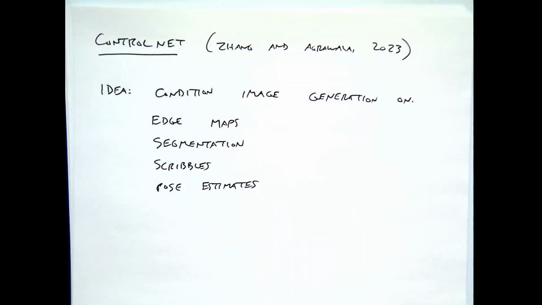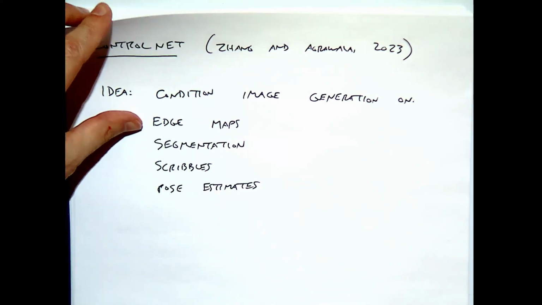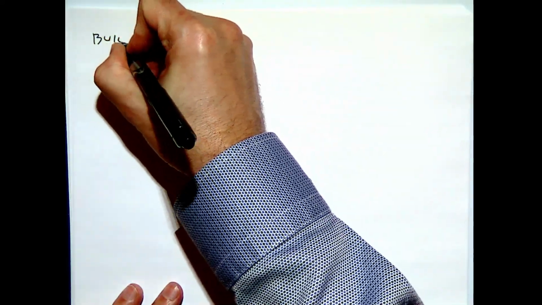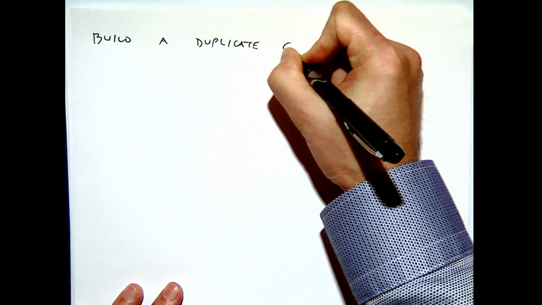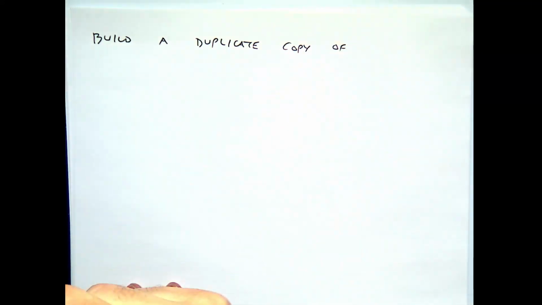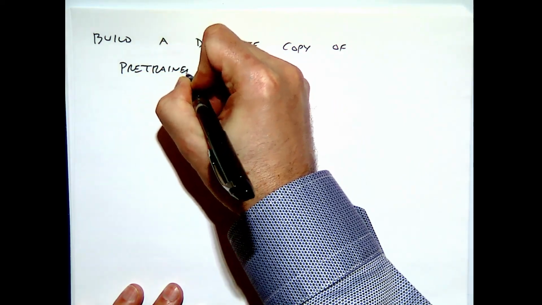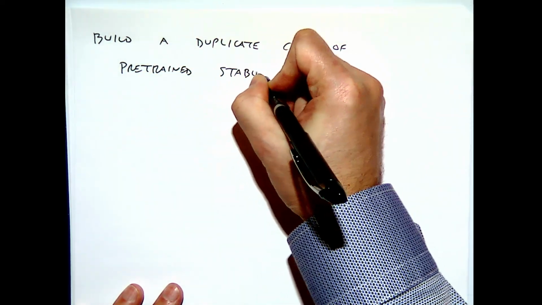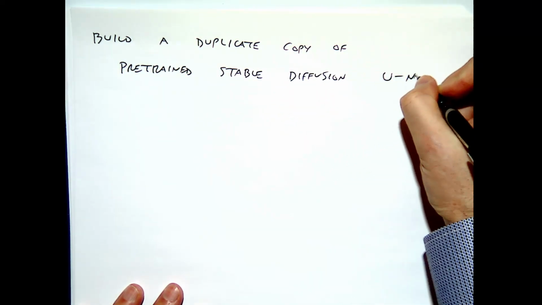So the basic idea is to build a duplicate copy of the pre-trained stable diffusion UNet, right?